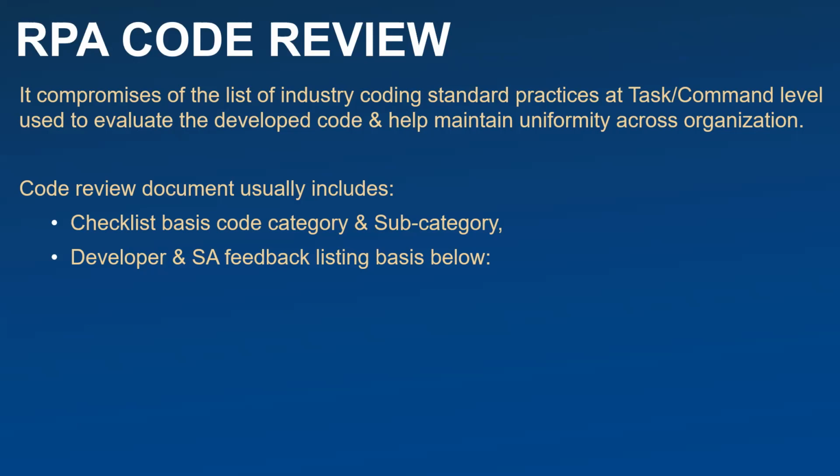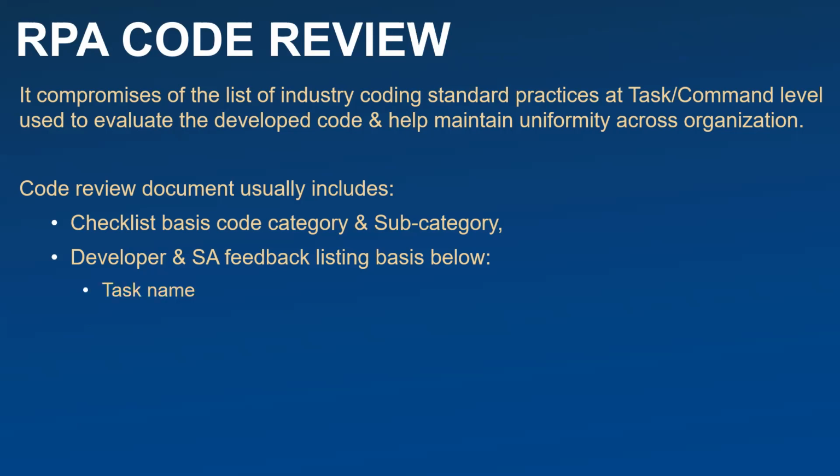Once the developer is confident that he has followed almost all the coding best practices, the solution architect comes into the picture and reviews the developer's code to ensure that all the coding best practices are followed, and if not, any feedback from that review is listed there.